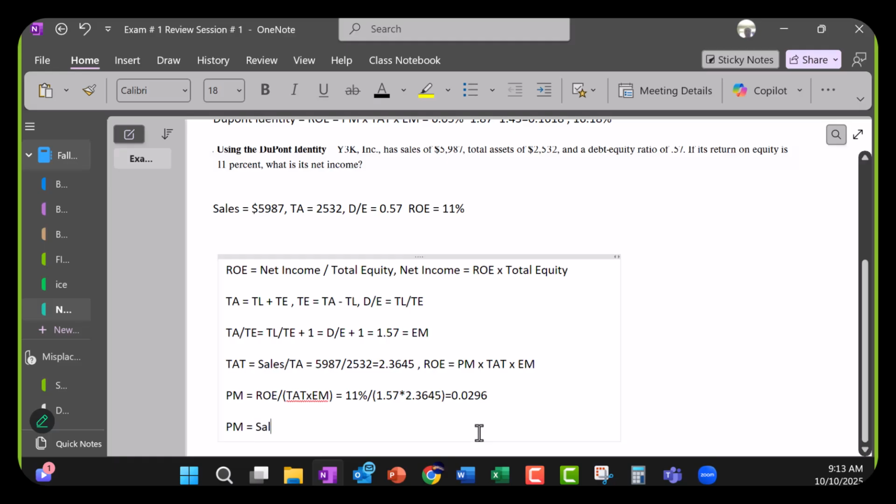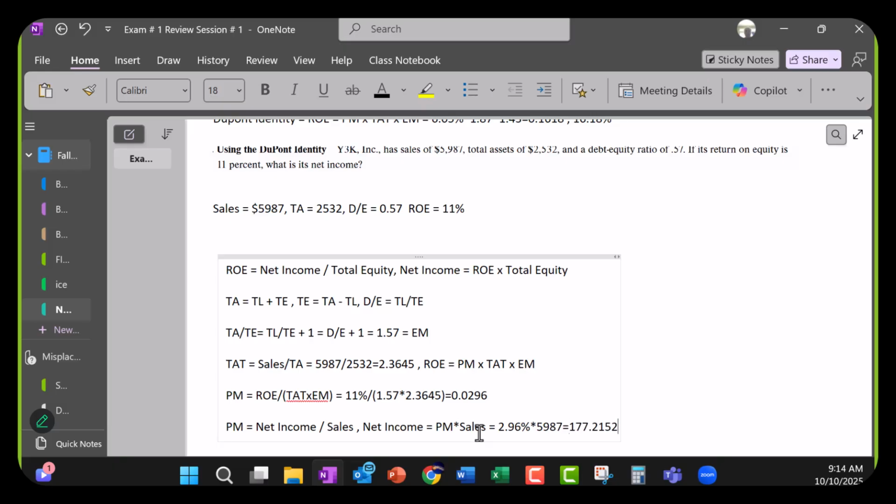Remember, PM is net income over sales, right? Which means net income is PM times sales. So 2.96% times sales is 5987, 177 something.